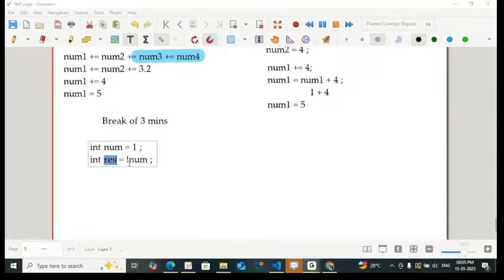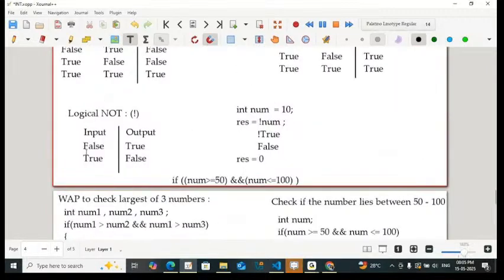Now, when I say not of num, this is not of 1. Not is an operator which takes input in terms of true or false. Any non-zero value is true, and 0 is false.